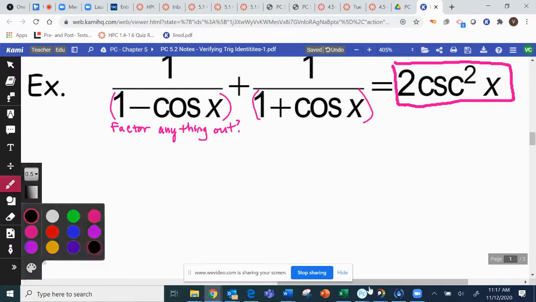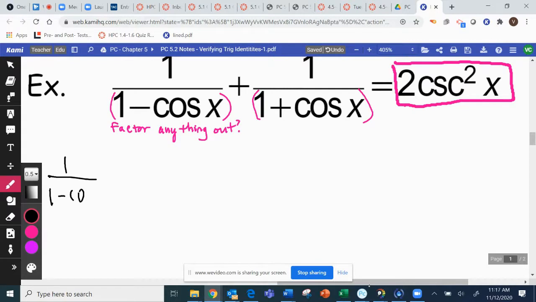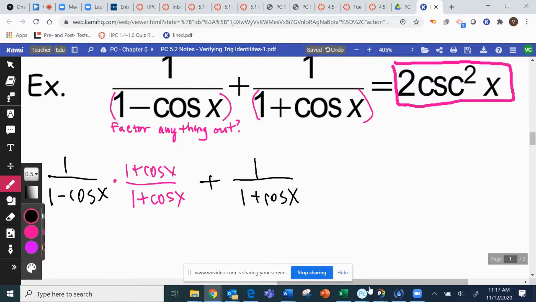So I'm going to do this in color so you can see, but I will have 1 over 1 minus cosine x multiplied by 1 plus cosine x over 1 plus cosine x. And then I'll have 1 over 1 plus cosine x multiplied by 1 minus cosine x over 1 minus cosine x.